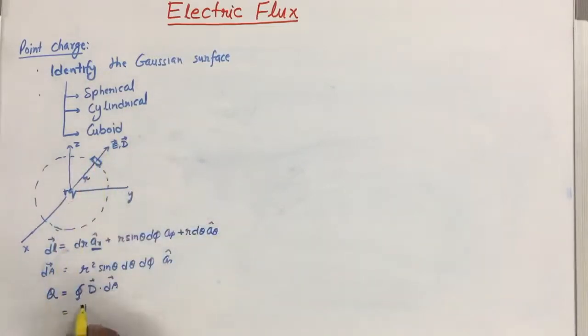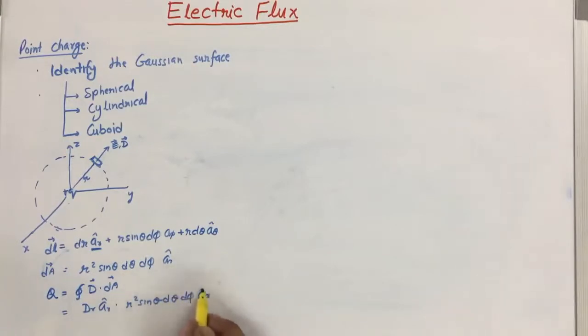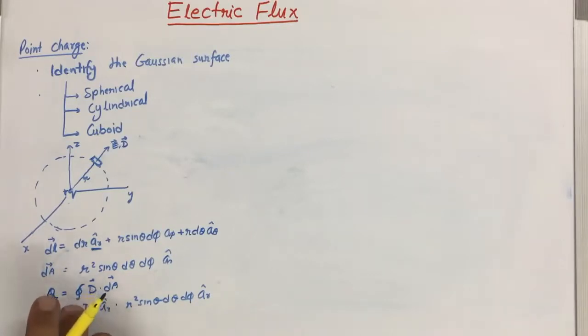From here, a_r dot dA is r square sine theta d theta d phi, also in the direction of a_r, and we have to apply it for a closed surface. So the area integral can be written as this with respect to theta and phi.